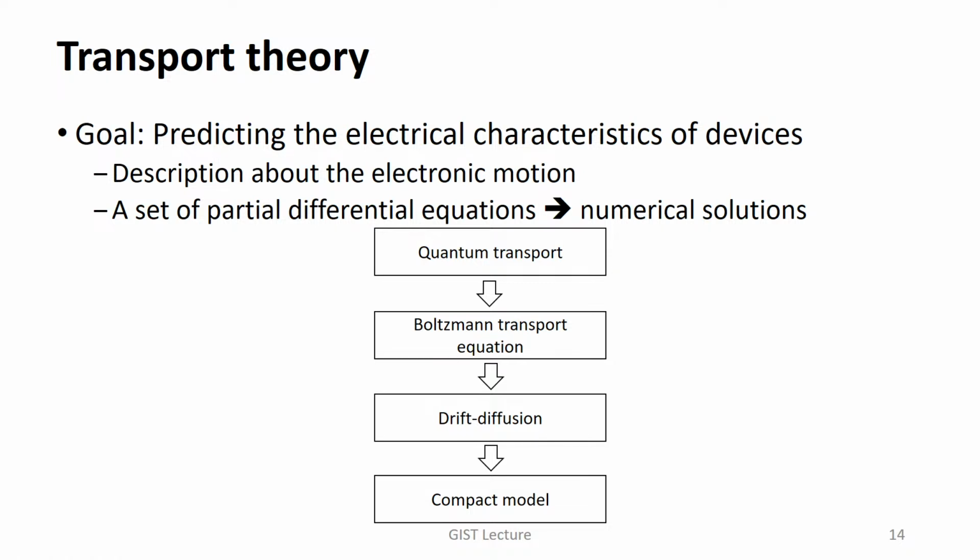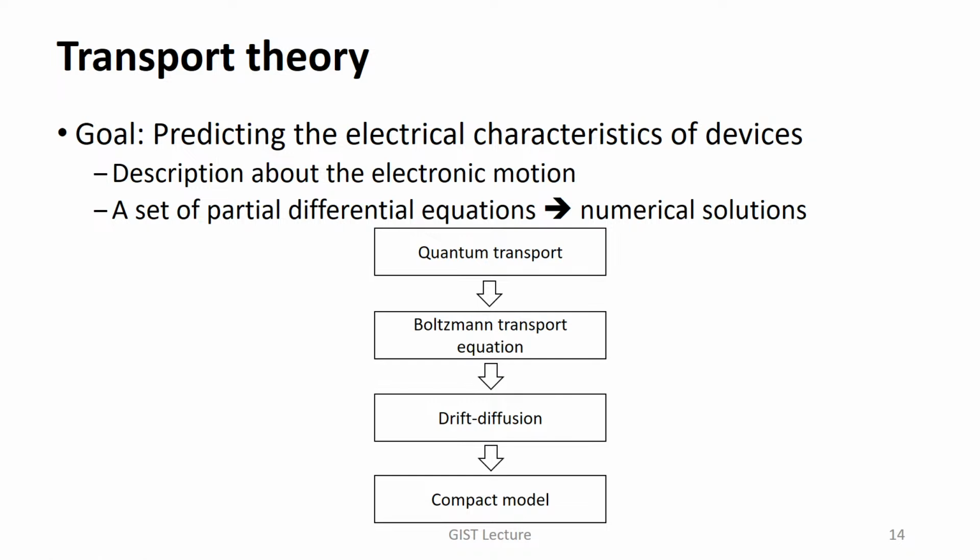However, there are so many non-ideal effects which are difficult to capture in the quantum transport simulation within restricted resources. Then usually we adopt some semi-classical description. However, this semi-classical description governed by the Boltzmann transport equation is sometimes too complicated.